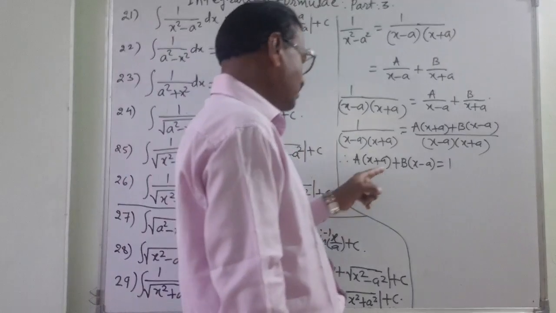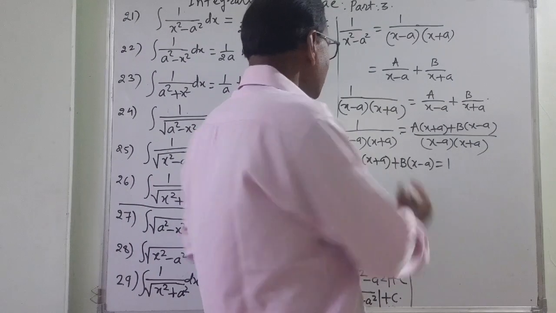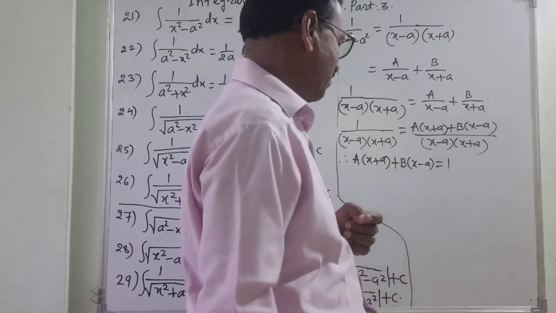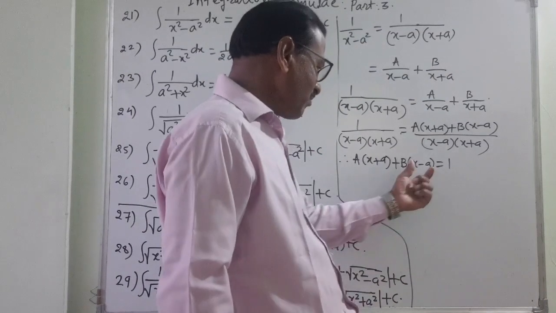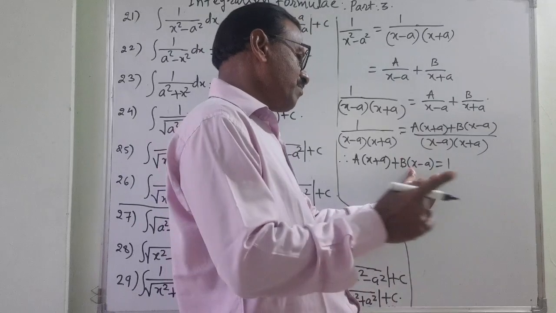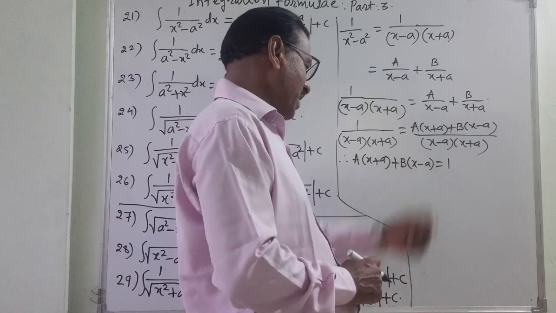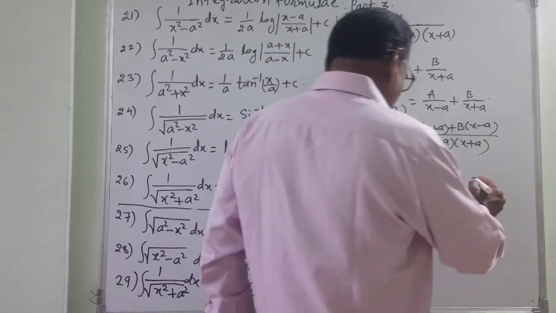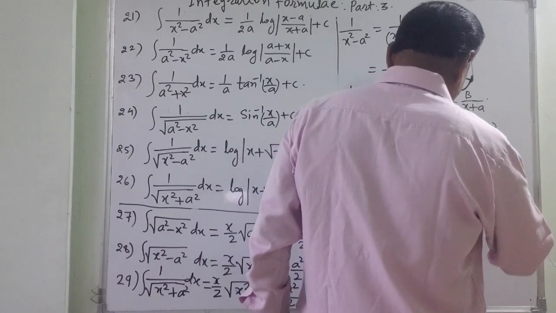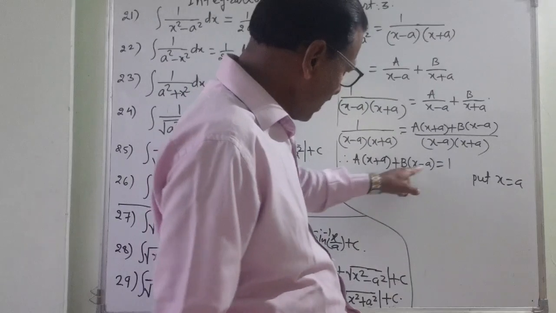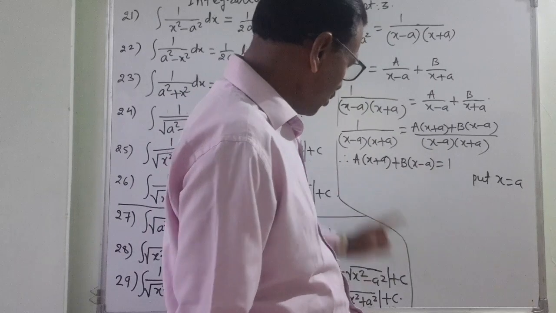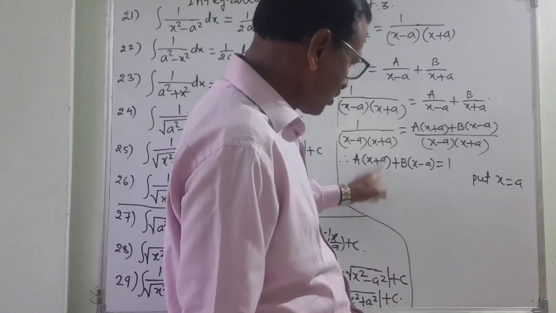Now to solve this, there are two methods adopted by different people. But what I follow is, I will try to cancel one bracket, meaning I will bring 0 in one bracket. First of all, I will put x equal to a. Then a minus a is equal to 0, and a plus a is equal to 2a.